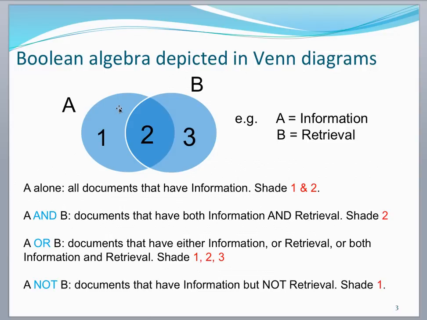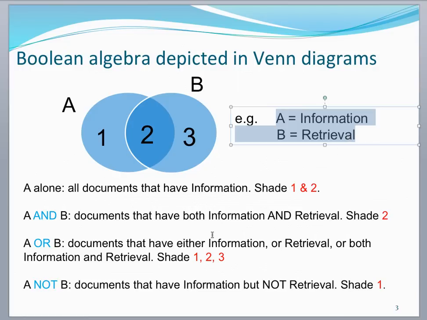Now, if we combine A and B, meaning information and retrieval, we are going to retrieve documents that have both terms. So in this case, we will be retrieving only number 2. Why? Because we are combining 1 and 3, or to be more clear, we will be combining information and retrieval.